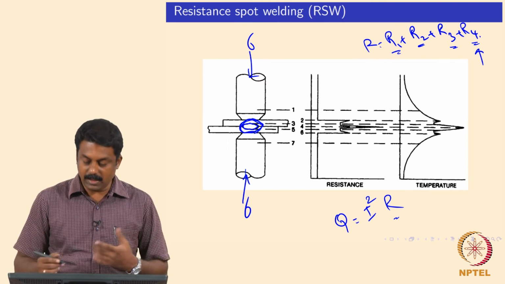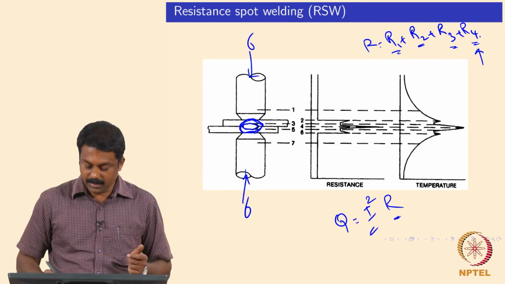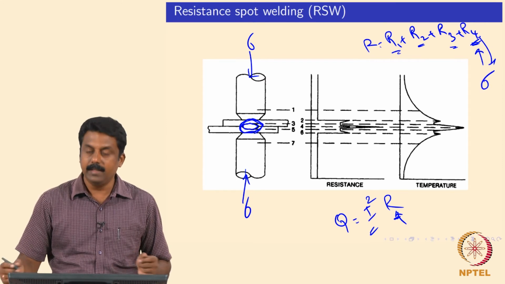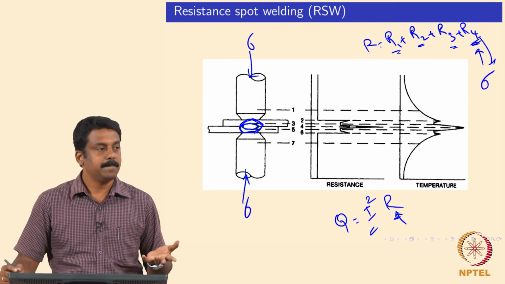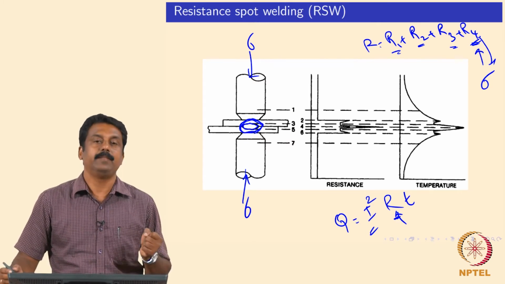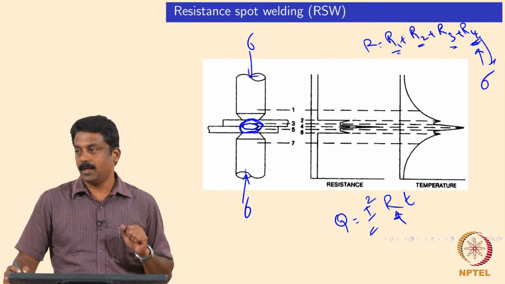The actual weld nugget size is determined by the current you give, and then the R, which is in turn determined by R4, R4 in turn determined by the load, right. It is clear. And then you have T. What is T? The time of welding, how much time you spend.